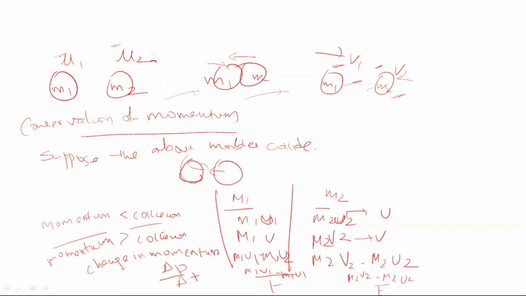But according to Newton's third law of motion, the force exerted by the first marble on the second is equal to the force exerted by the second marble on the first one. Hence we get F12 is equal to minus F21. Why minus? Because it is equal and opposite.